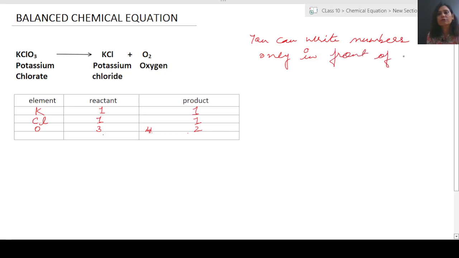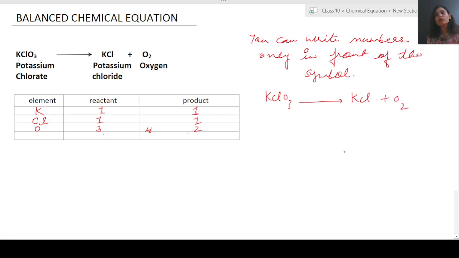The symbol can be of an element or it can be of a compound. Fine. So now you are seeing here it is KClO3. I'll write here KClO3 gives us KCl plus O2.